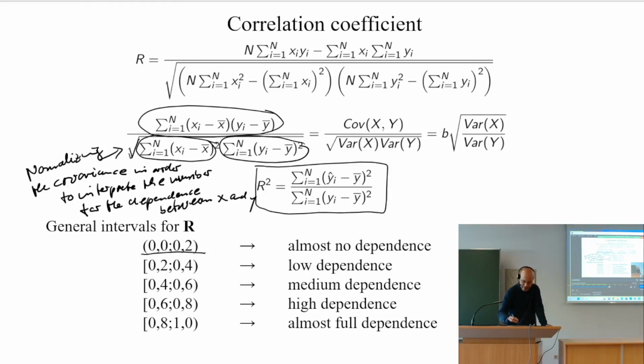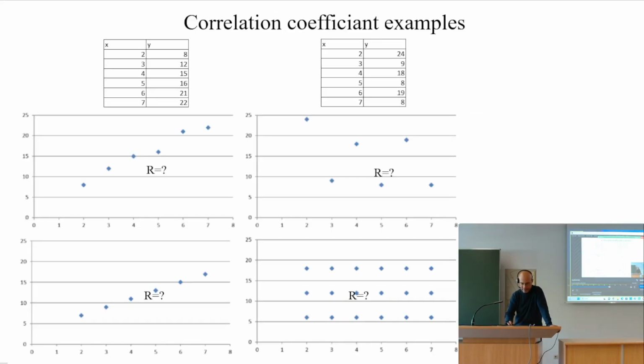And if this goes more and more in the direction of plus or minus 1, then we have a high dependence between x and y. And if it's just 1, then we know that all our data points have to lie on our regression line itself.